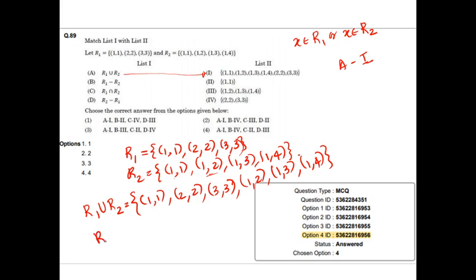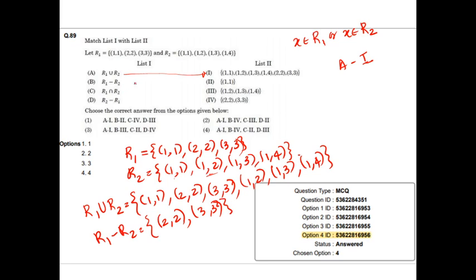What about R1 minus R2? The elements should be present in R1, not in R2. (1,1) is present in both R1 and R2, so we cannot take that one. What about (2,2)? It is present in R1, not in R2, so we can include that one. (3,3) is also present in R1, not in R2.